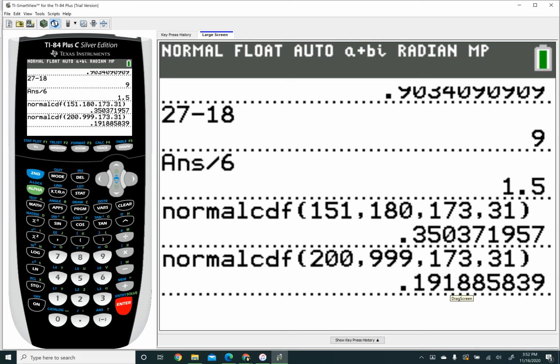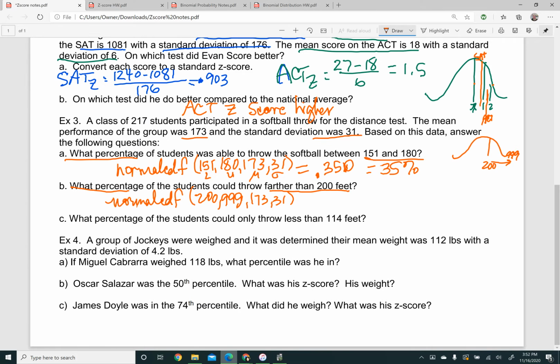So 0.192, or 19.2%. Less than 114 feet. If this is 114 feet and we're going less than, then we go from negative 999 to 114.